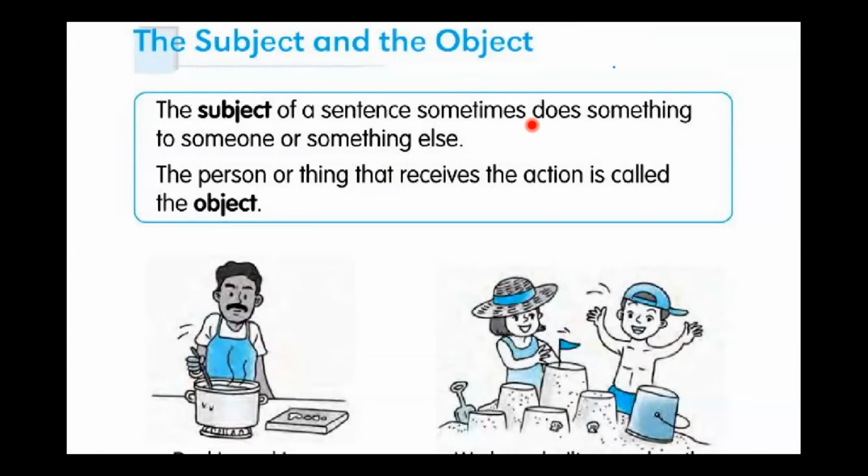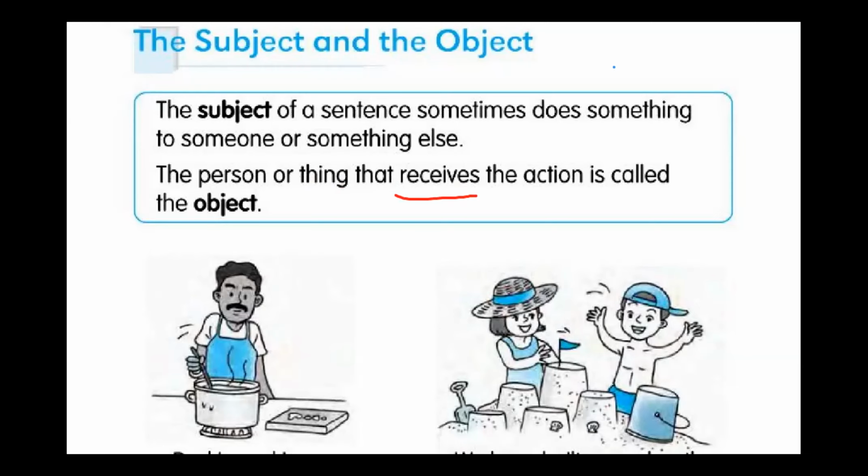The person or thing who does the action, जो action कर रहा है, उसे subject कहा जाता है. And the person that receives the action, जो action को receive कर रहा है, वो object बन जाएगा.